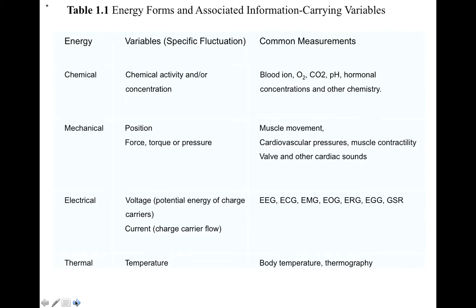EOG is electrooculography. GSR is galvanic skin resistance. As a general rule, these are making an electrical measurement of something associated with the body through a sensor. Thermal measurements would be measuring a variable of temperature, and that might be body temperature or thermography.